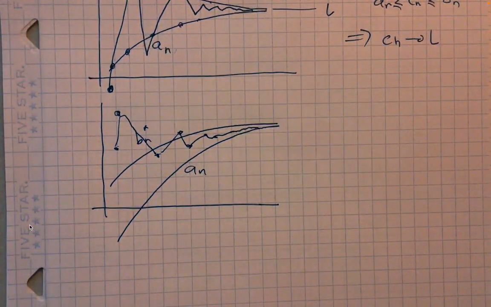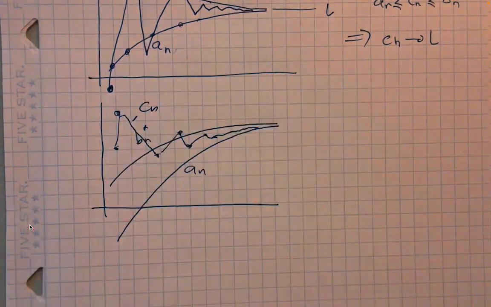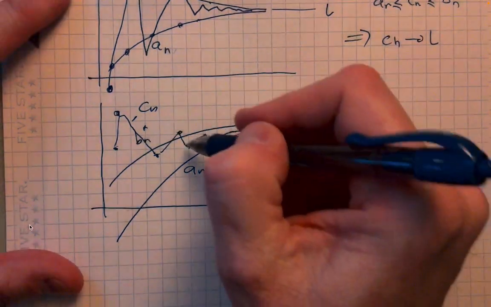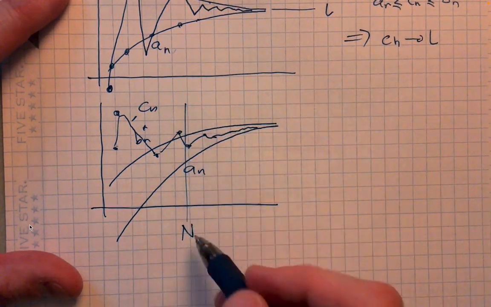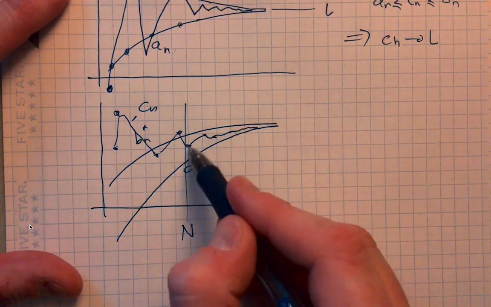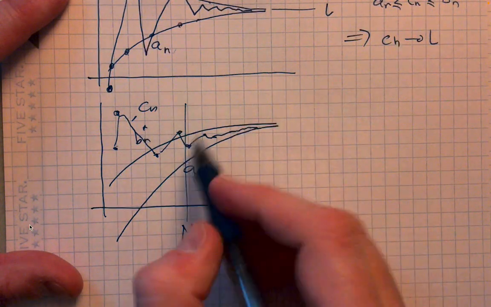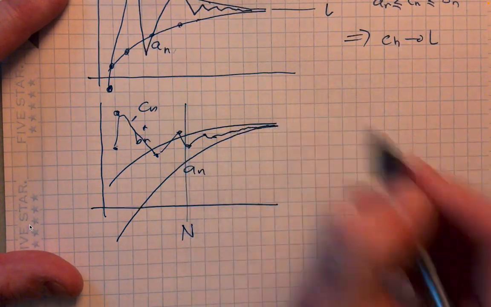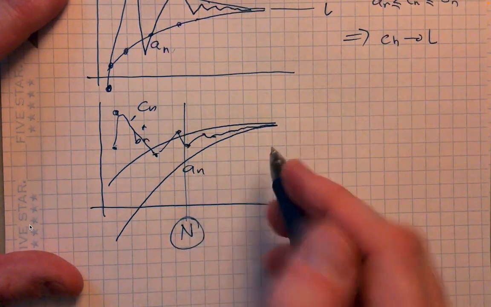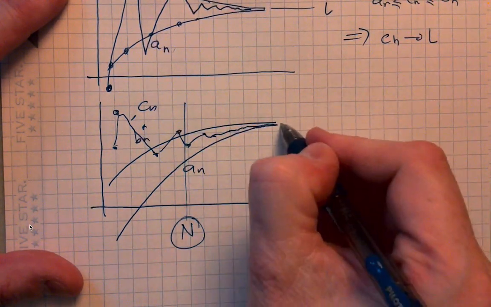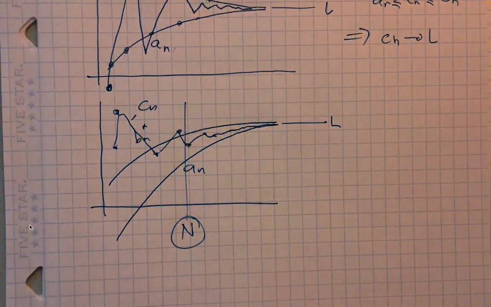So as long as at some point the terms of c are between a and b, and that holds forever beyond a certain point, namely n, then the three will have the same limit. So that's the idea with the squeeze theorem for sequences.